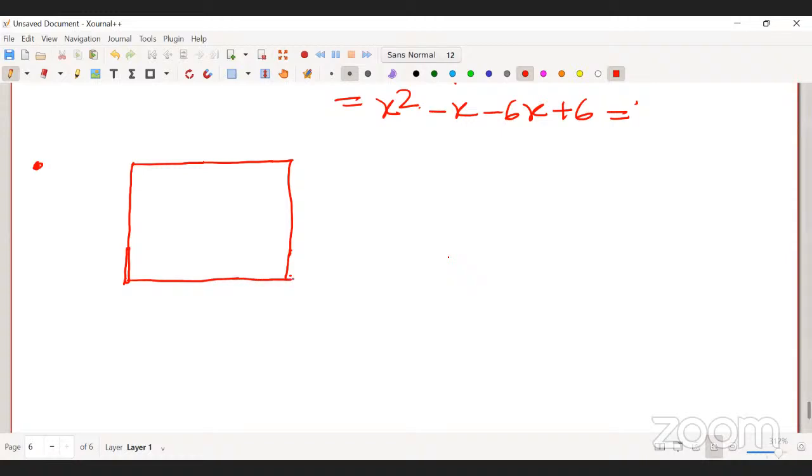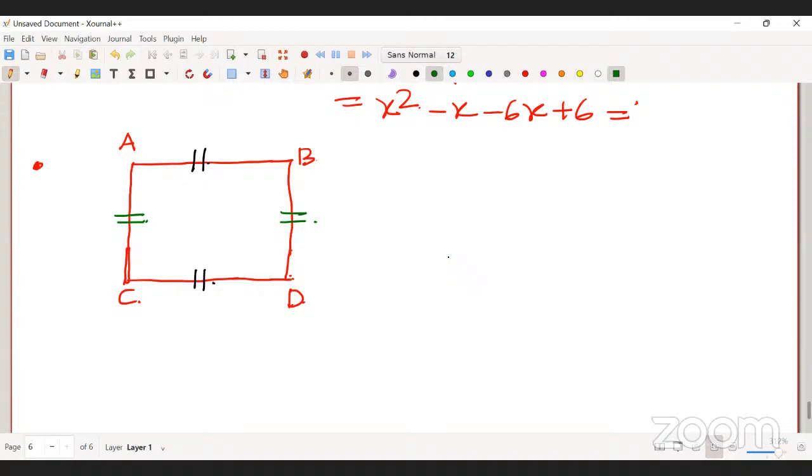So this is the parallelogram ABCD. The sides AB and CD are parallel, and AC and BD are also parallel. So now what can you do? The equation of AB is given and the equation of AC is given, right?